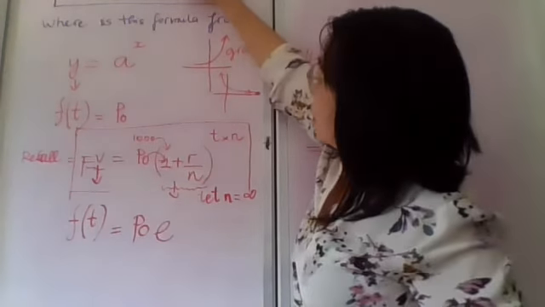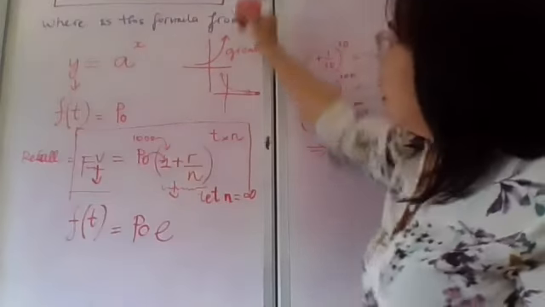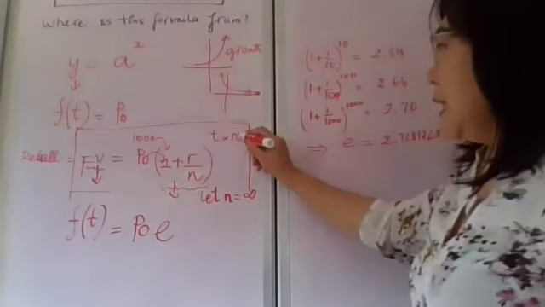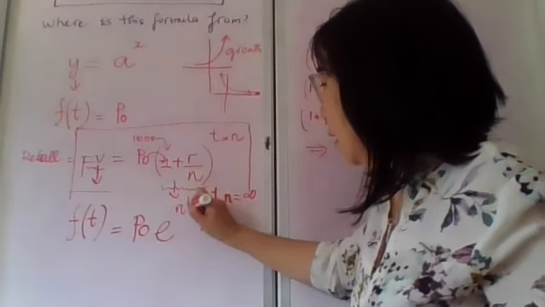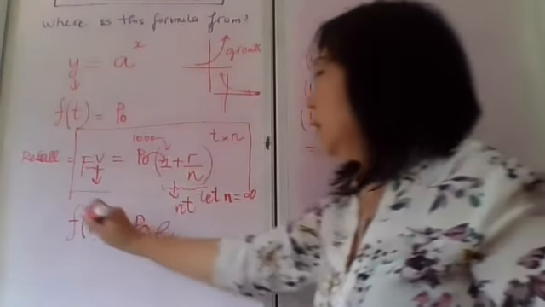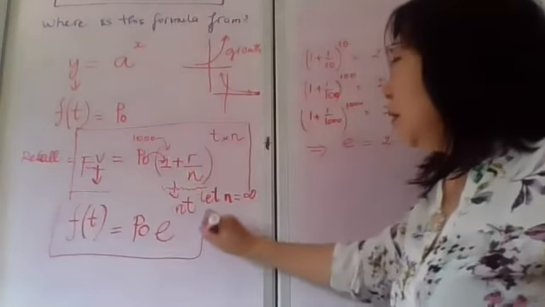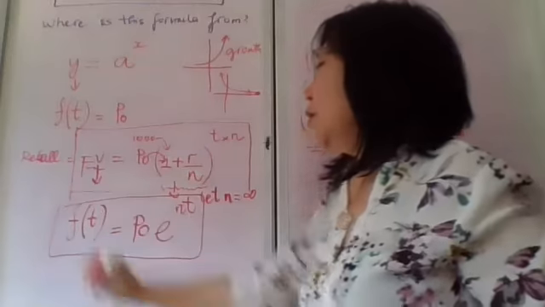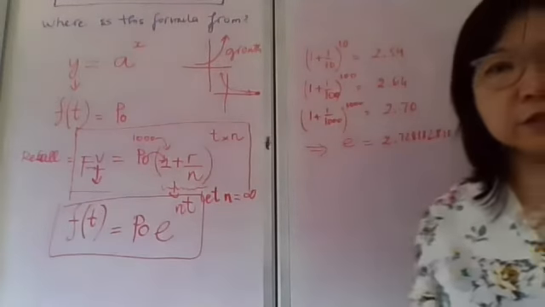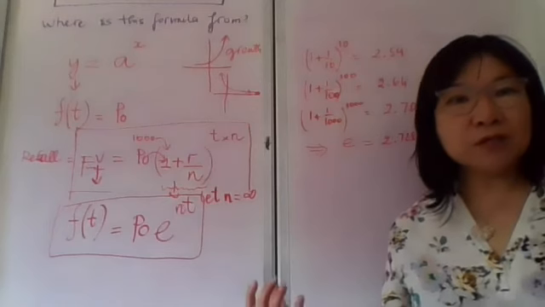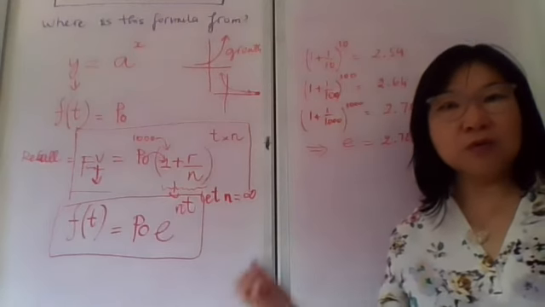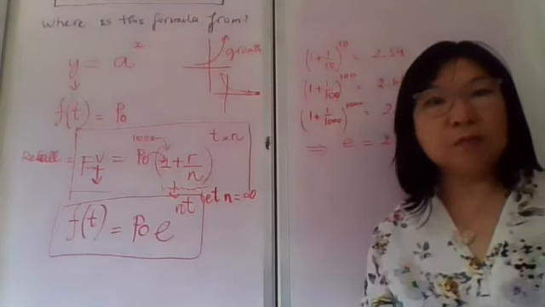And therefore, you see this C times E. Now the K here is the same as the N here. So you can put NT or KT, I don't care, right? So that is where this formula comes from. So I explained to you the concept. Where do we get this formula? Once you understand the concept already, you know where this formula comes from.